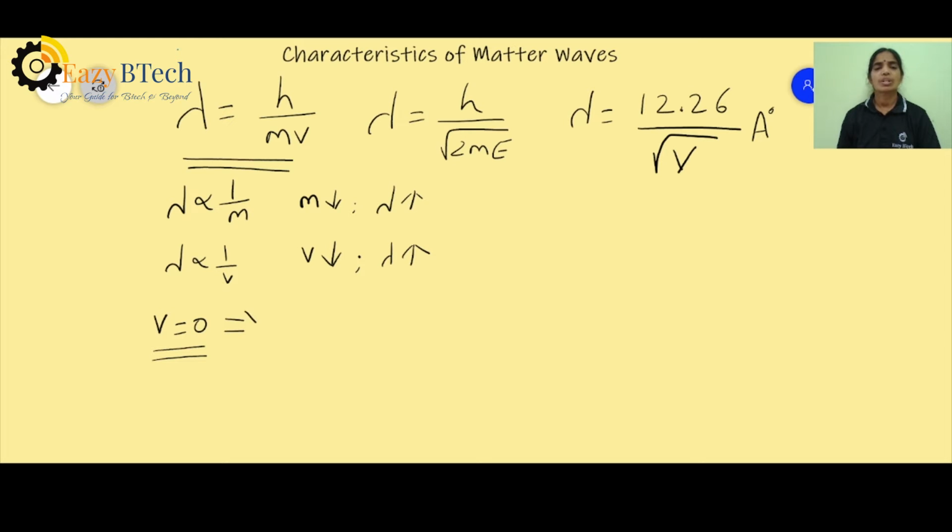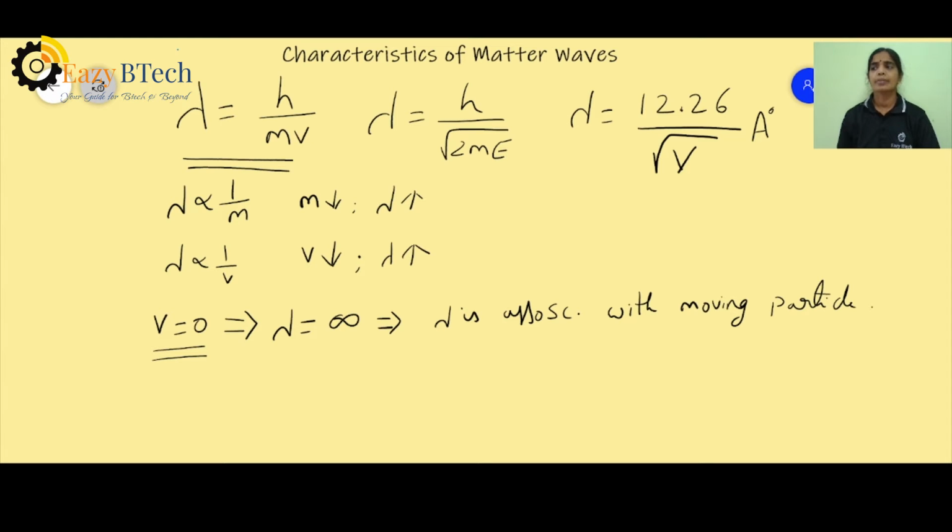In such a situation, what will be the wavelength? The wavelength is infinite. So what does it conclude? Wavelength exists only with a moving particle. If the particle is not moving, there is no wavelength, which means the particle is at rest.